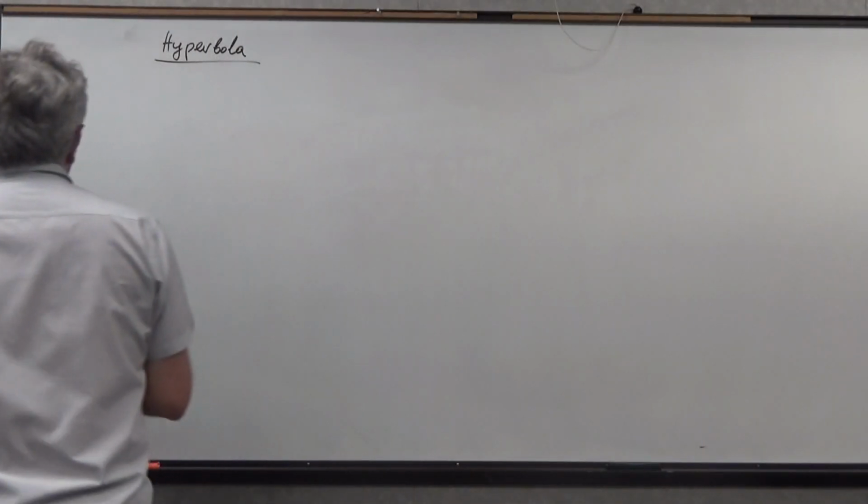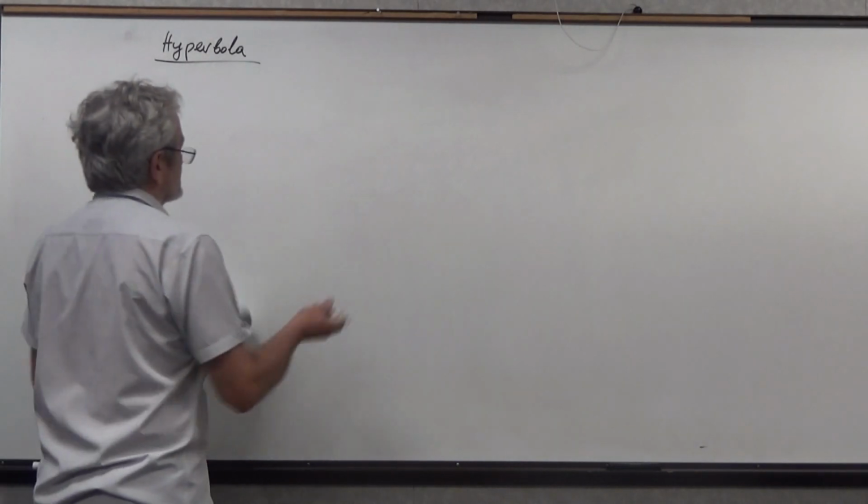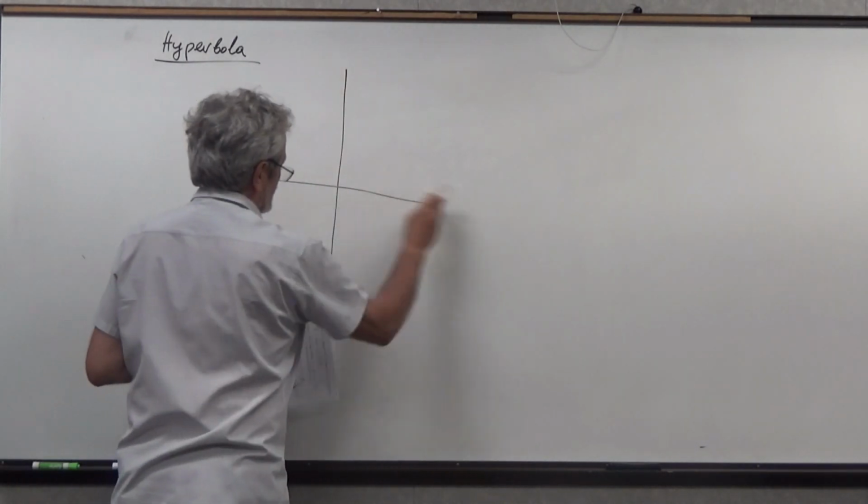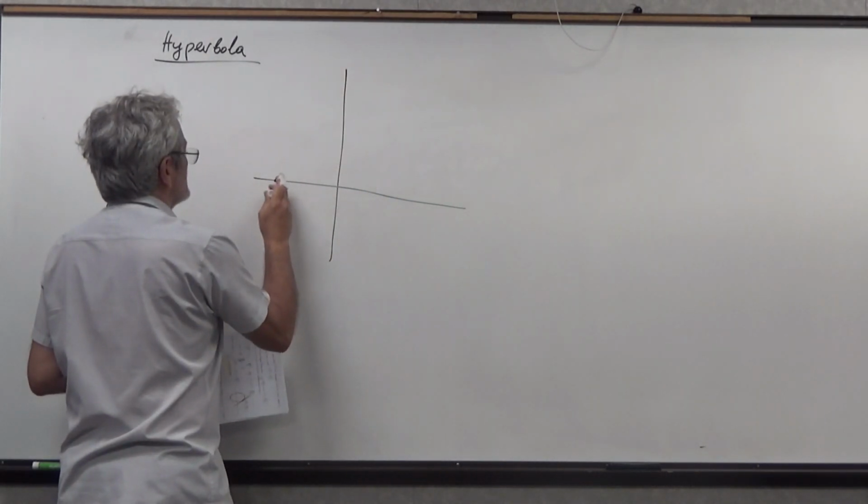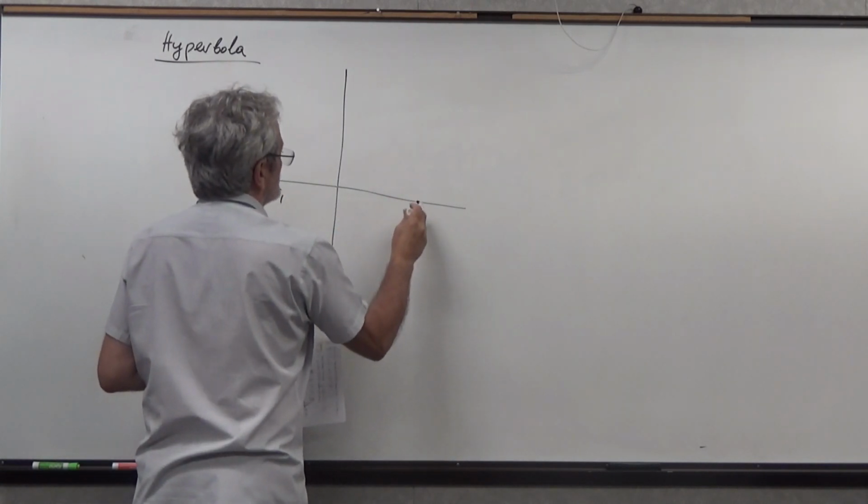The definition of hyperbola is quite similar to the definition of an ellipse. So generally we have a very similar story. We have two foci, here is focus 1, focus 2.